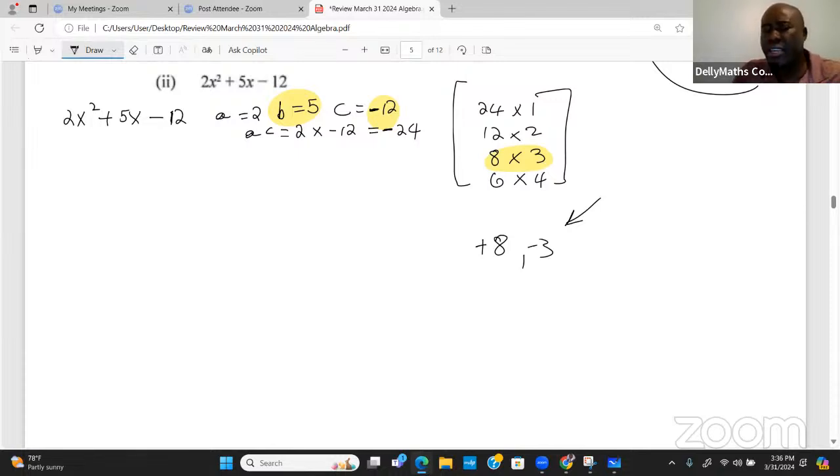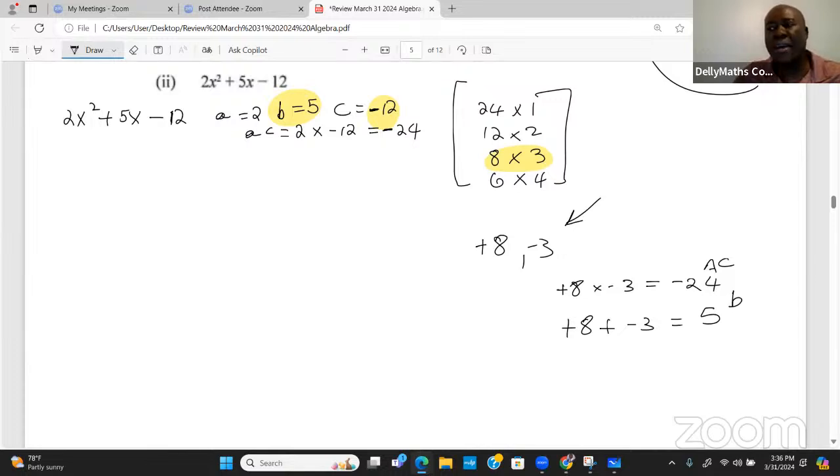Now, let us double check to see if this makes sense. So positive 8 times negative 3 will give me negative 24. This is my AC. Positive 8 plus negative 3 will give me positive 5. This is my B value. So there it is that we satisfy that.